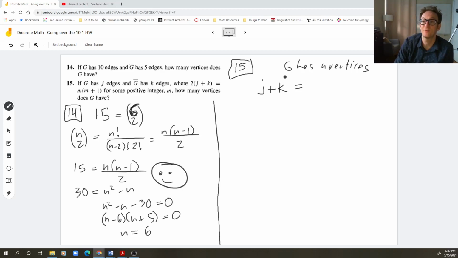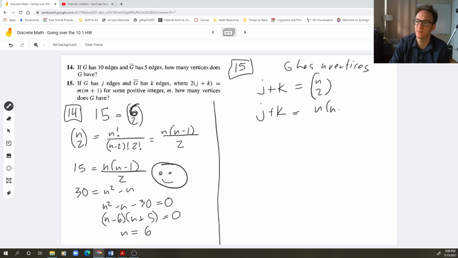Well, if I take the number of edges in G plus the number of edges in G complement, that's j plus k, then that has to be n choose 2. This is just a fact. Well, now what is n choose 2? Well, it's n times n minus 1 over 2. And then just kind of mysteriously, they tell me, broken up into 2 lines, that 2 times j plus k has to be m times m plus 1.